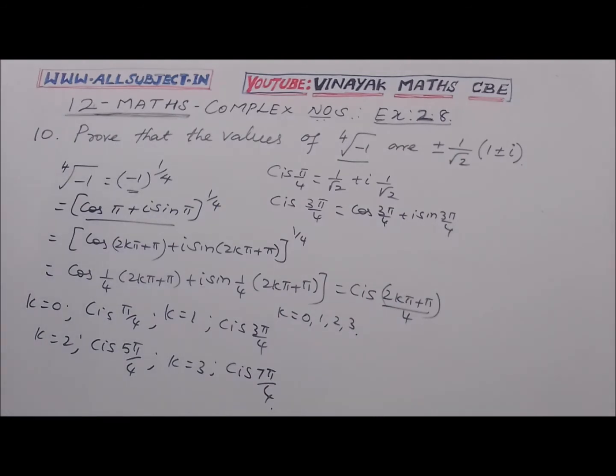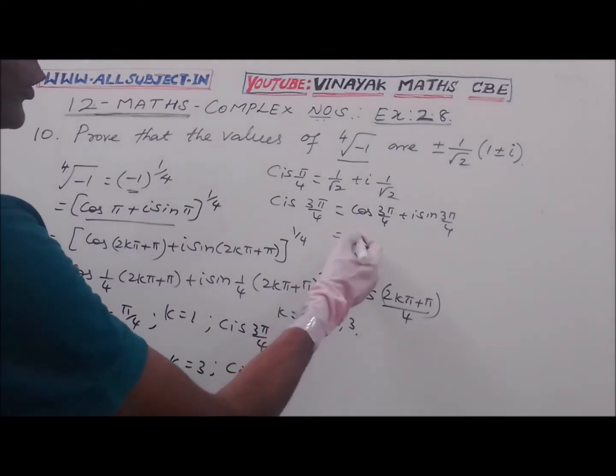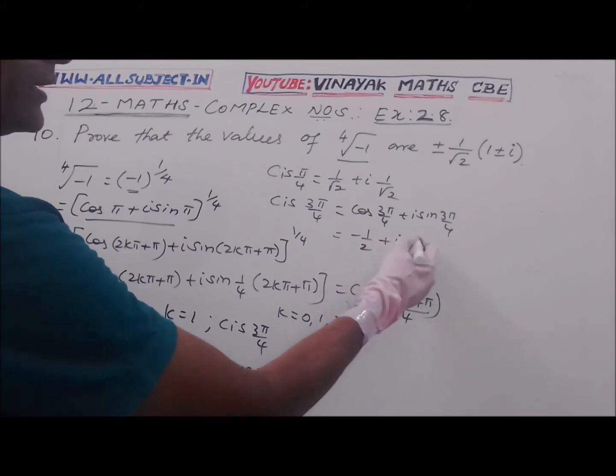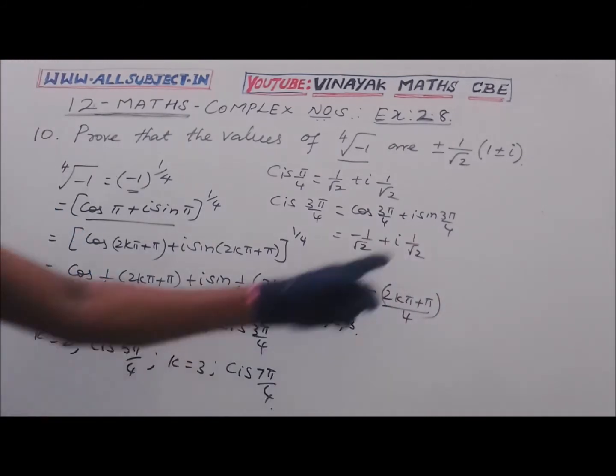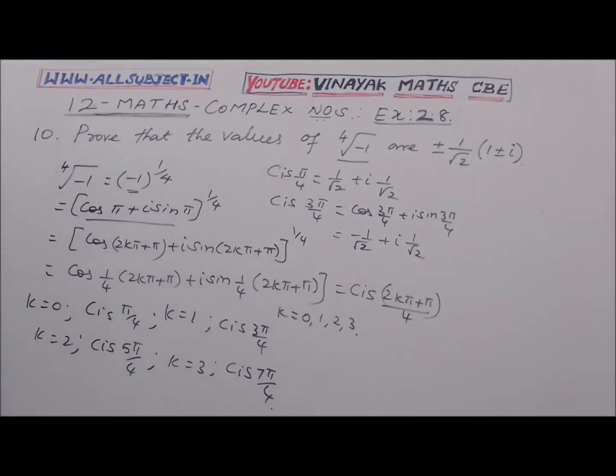Its value: pi by 4 means 45, 3 times 45 means 135. So cos 135 value is minus 1 by root 2, plus I into sin 135, which is 1 by root 2.